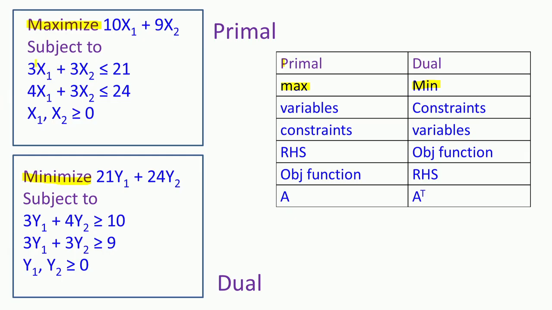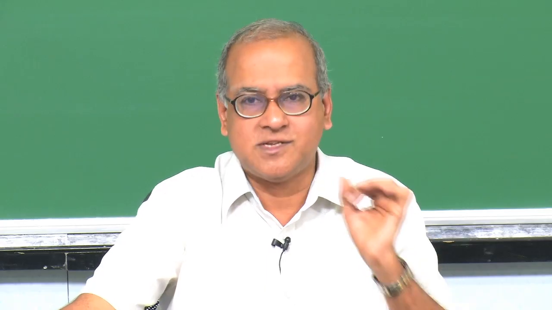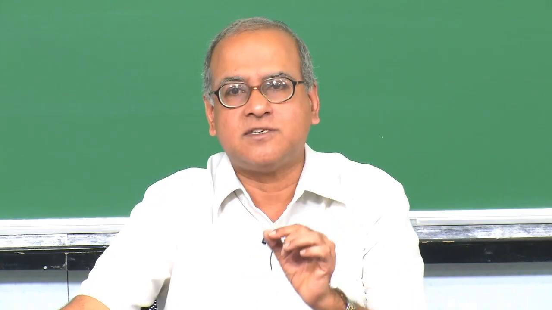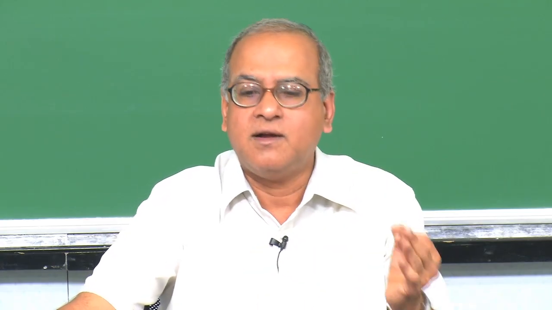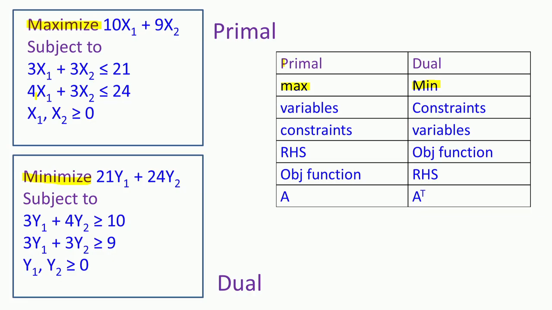Now the primal has two variables x1 and x2, and the dual has two constraints. It so happened that this primal has two variables and two constraints, so the dual will have two variables and two constraints. But there is a relationship between a primal variable and a dual constraint, because when we wrote this we said we multiply the first constraint by a and the second by b such that 3a plus 4b is greater than or equal to 10, and those a and b finally became y1 and y2.